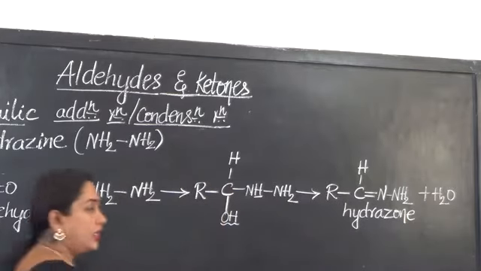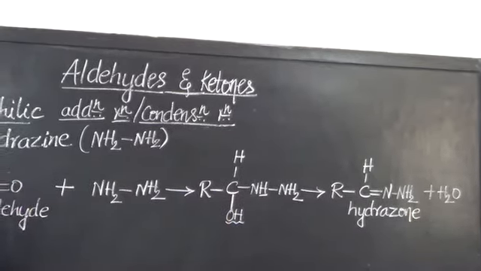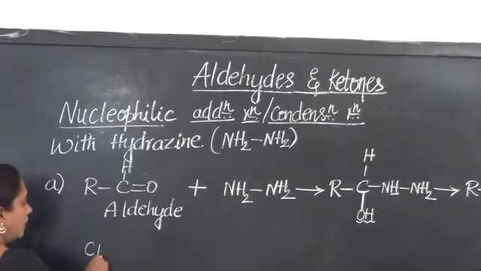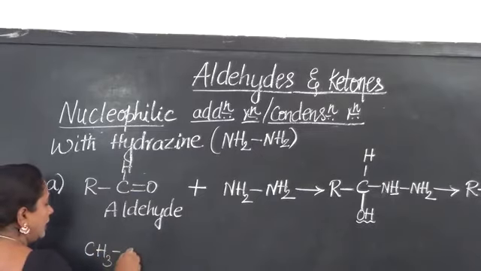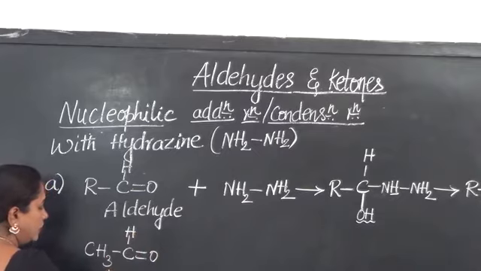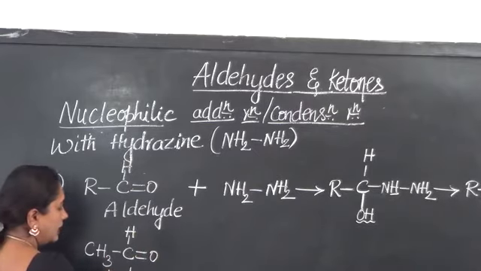Now let us take up an example case for aldehyde. Let us take up the example of acetaldehyde. CH3CHO is the formula of acetaldehyde.